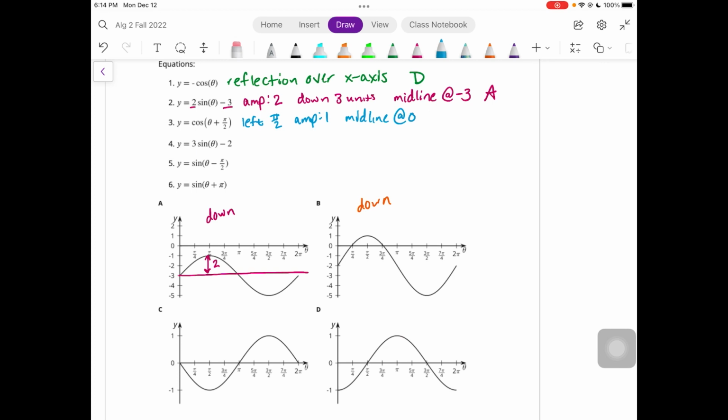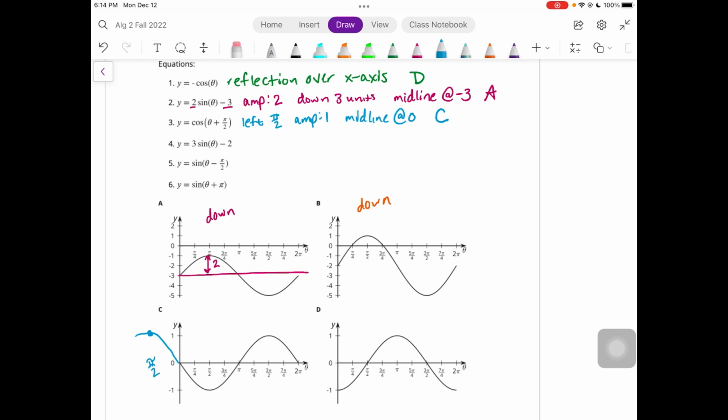And we can see that because if we were to continue this, it would go like that. And that starting point would be at pi over 2. So that's pi over 2 to the left. So we know that 3 is C.